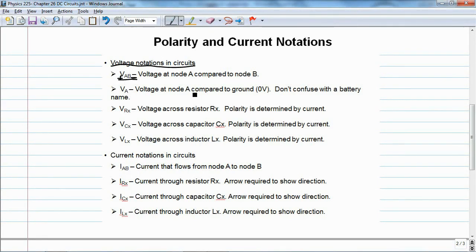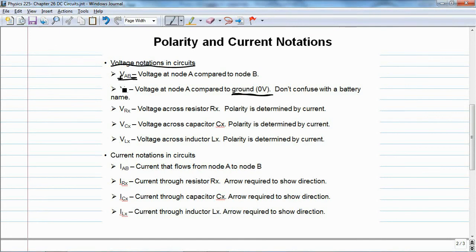If you have just one indicator, then this would be from A to ground. Ground is always considered to be 0 volts, and ground can be anywhere in the circuit. We'll show what ground is here shortly.